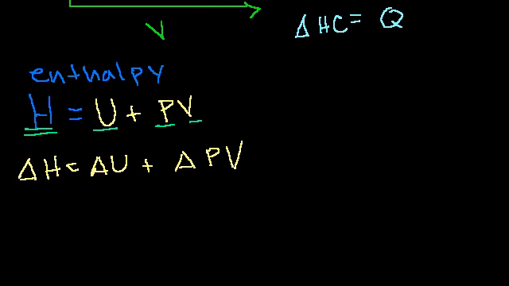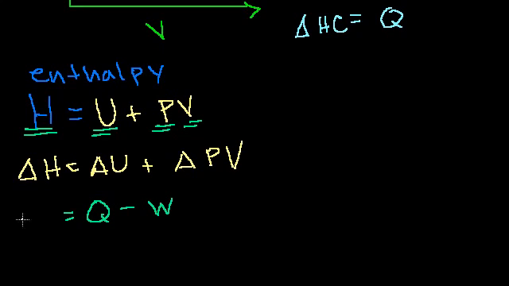So let's see if we can somehow relate this thing that we've already established as a valid state variable from the get-go, from our definition. This works because it's just a sum of completely valid state variables. So let's see if we can relate this somehow to heat. We know what delta U is: if we're dealing with the change in internal energy, and I'm not going to deal with all the other chemical potentials and all of that, it's equal to the heat applied to the system minus the work done by the system.